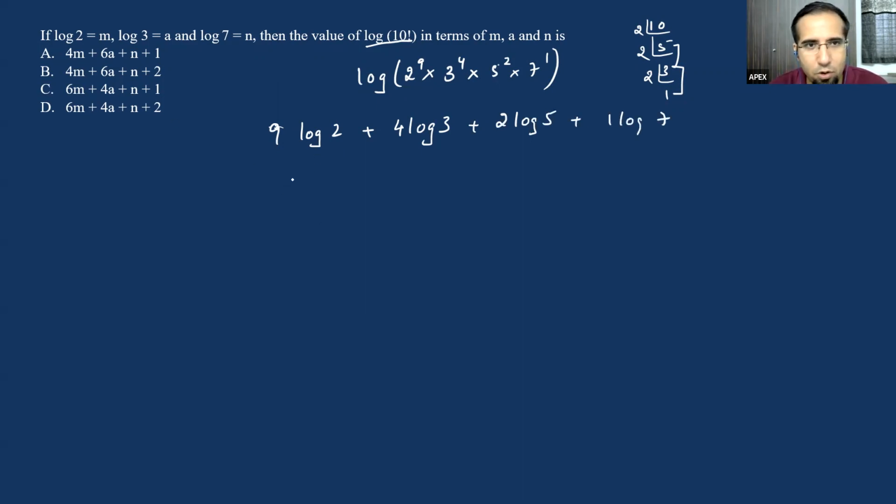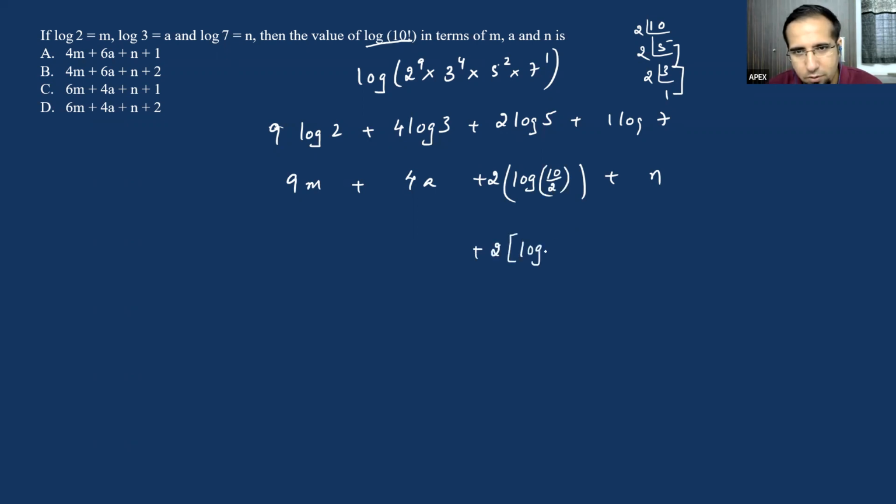So, log 2 is equal to m, and we have 9m plus 4a plus 2 log 5, which we will come back to, and log 7 is n. What is log 5? If it is not given, I can always write it as log of 10 divided by 2, which can be written as log 10 base 10, which is 1, minus log 2 base 10.